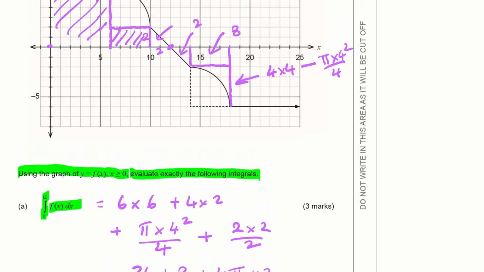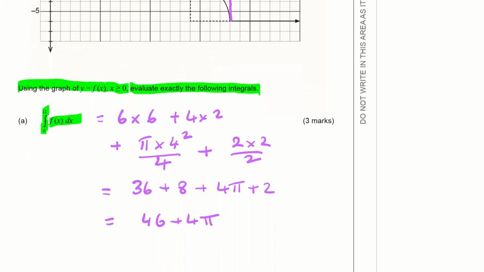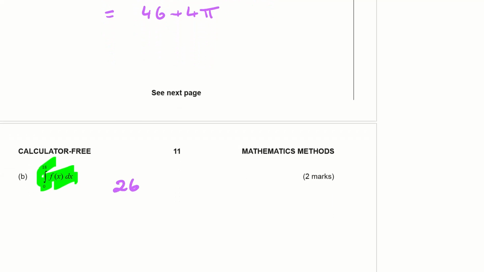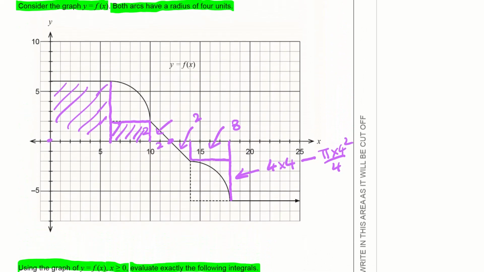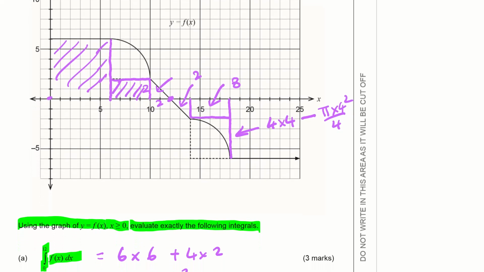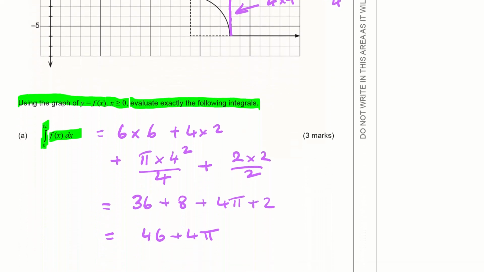So altogether there, I have 26, and then that would be 4 pi.